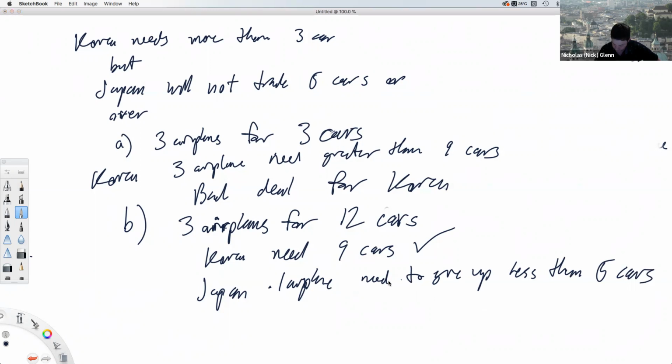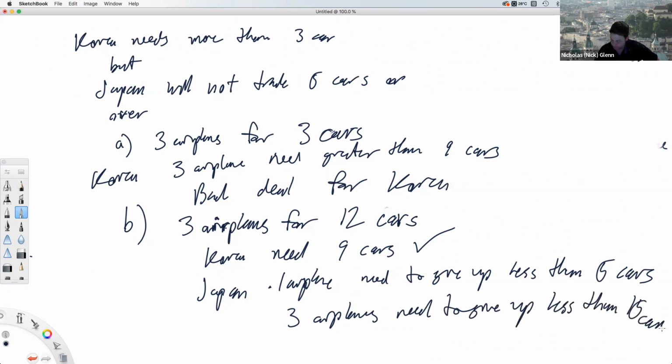So for 3 airplanes, they need to give up less than 15 cars. And 12 is less than 15. So it's a good deal. Instead of producing these 3 airplanes themselves and losing out on 15 cars, they could produce 12, trade with Korea, and get 3 more instead. So this is a good deal for Japan as well.